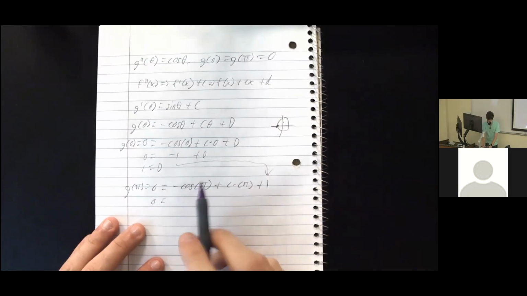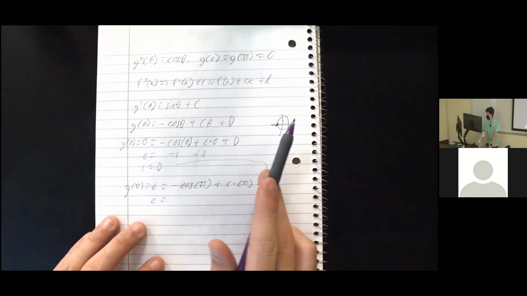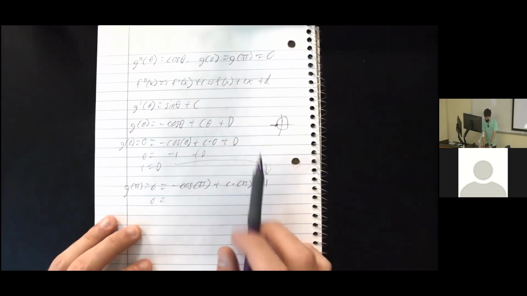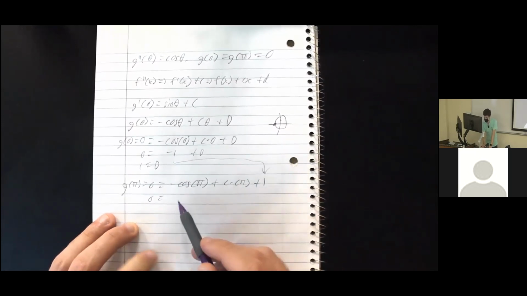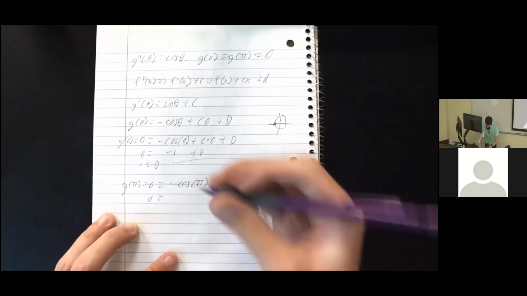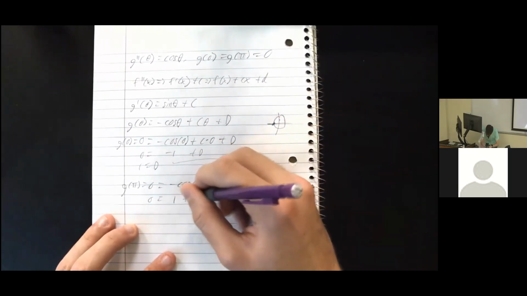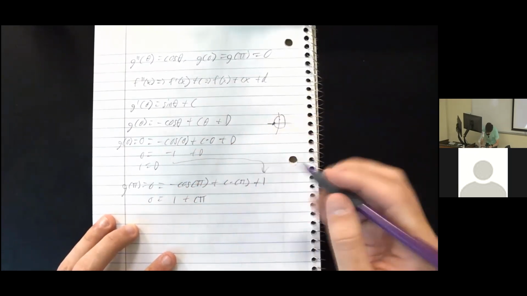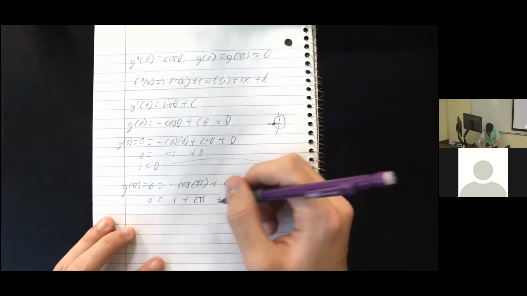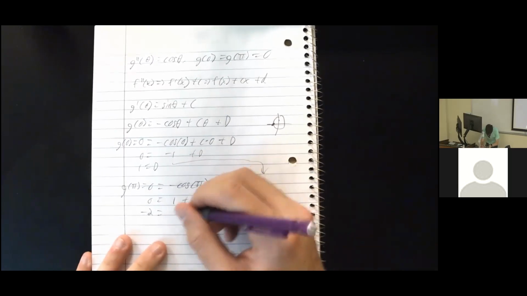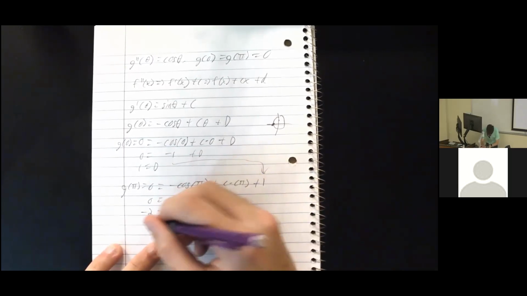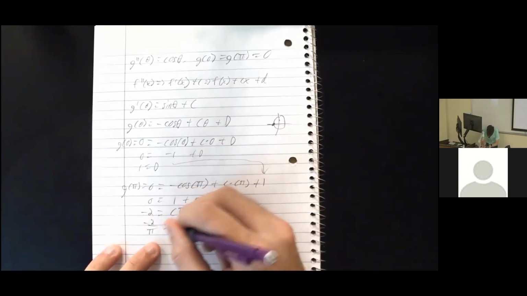So that means that cosine corresponds to that x distance. So since cosine of pi is -1, it being multiplied by this negative sign gives us just 1, plus c pi, because c times pi is that, plus another 1. So that'll give us 2, and -2 on the left equals c pi. So solving for c, -2 over pi equals c.